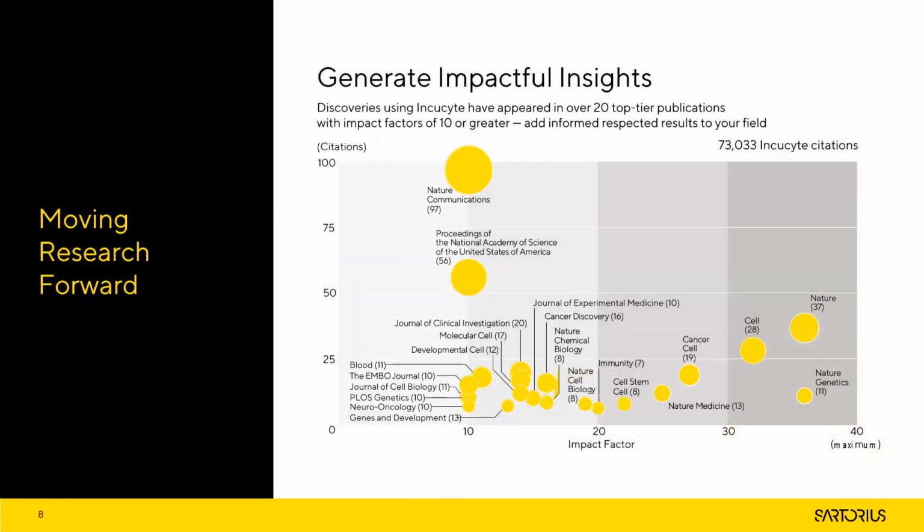What we're most excited about is that we see in these publications, researchers are really branching out into exciting areas and making very impactful discoveries with the Incucyte. As you can see here, the number of citations in journals with impact factors of 10 and higher. And this is something we're really proud of in the Incucyte community.